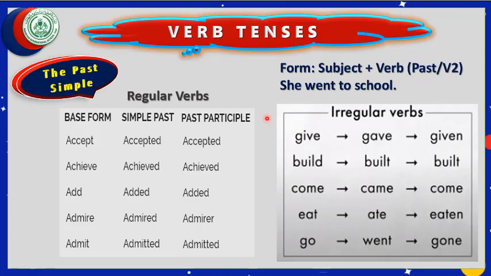If the verb is regular verb, it will be changed into second form by adding ed at the end of the verb, just like accept, accepted, accepted, achieve, achieved, achieved. But if the verb is irregular, it has its own way to change into second form and third form. For example, give, gave, given, build, built, built.